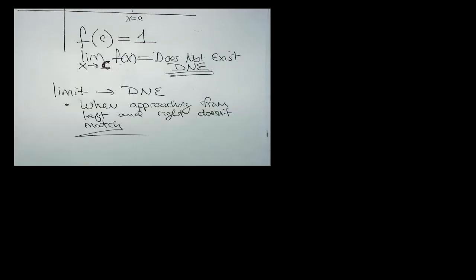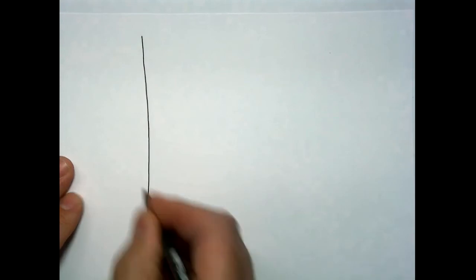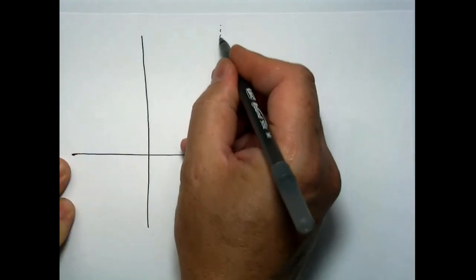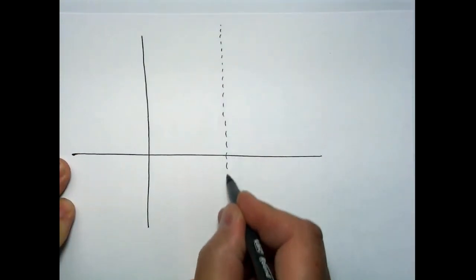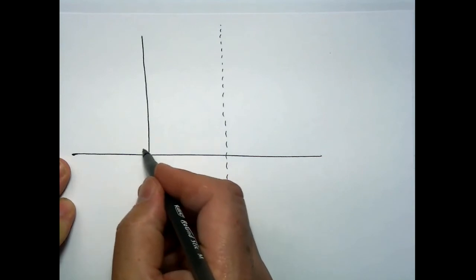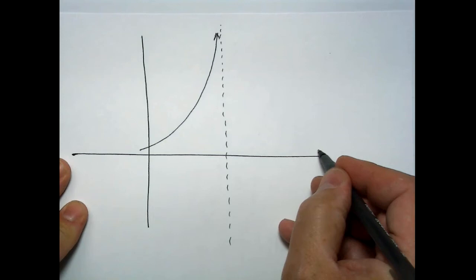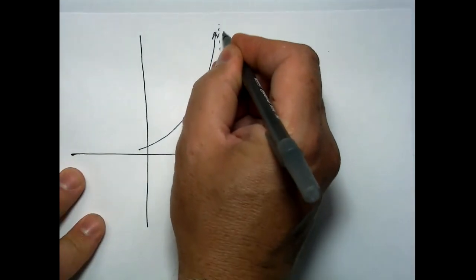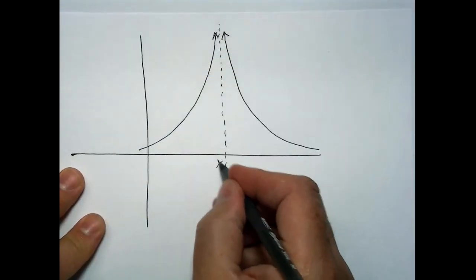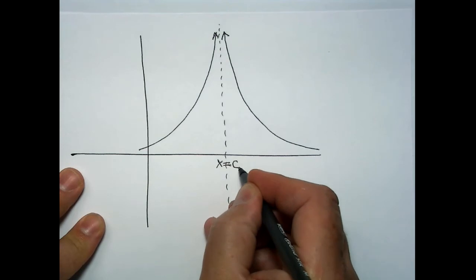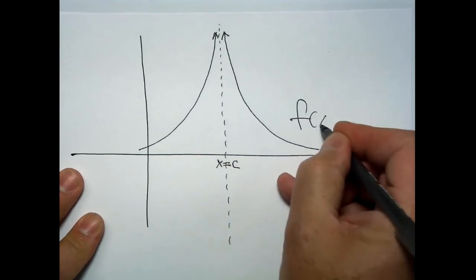What other limits fail to exist? That's not the only time that a limit does not exist. Here are a few more examples. If I were to draw you a curve that had an asymptote, and the curve looked something like this, and this happened to be right where I want some answers, x equals c.